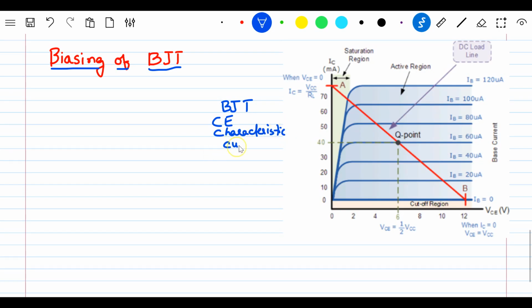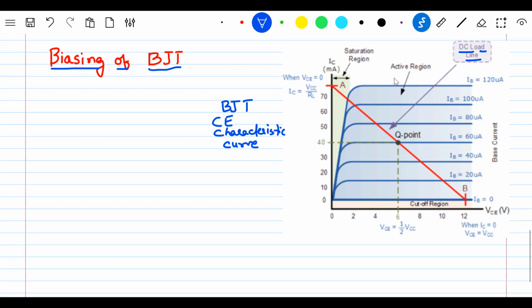What is this curve actually telling you? That is very important for us to discuss here. In this curve you can see something called the DC load line, the red line you see.